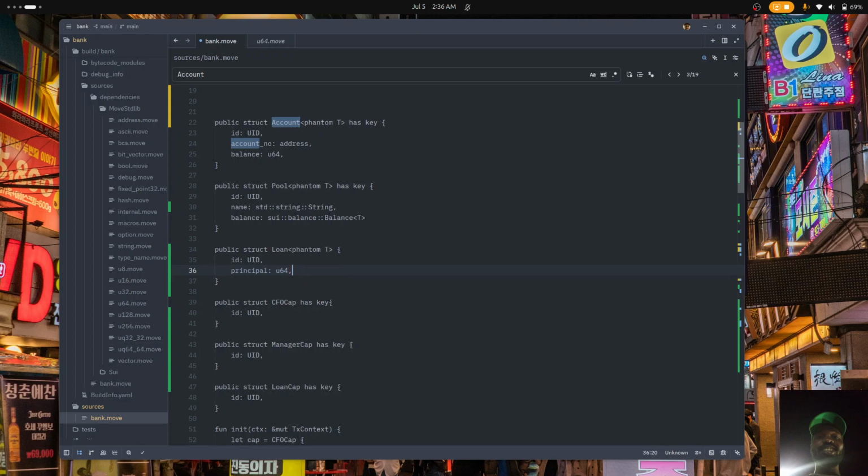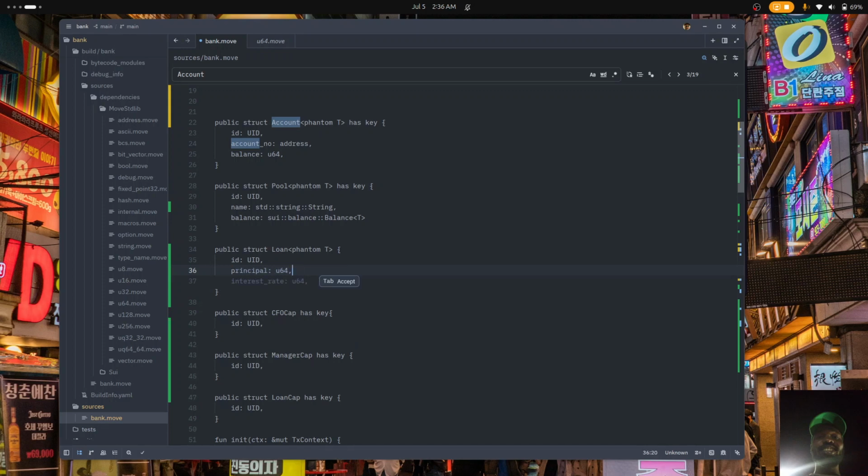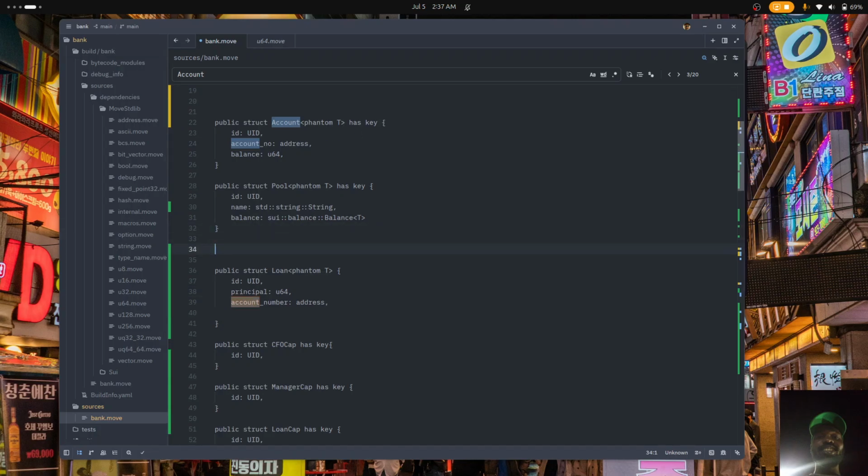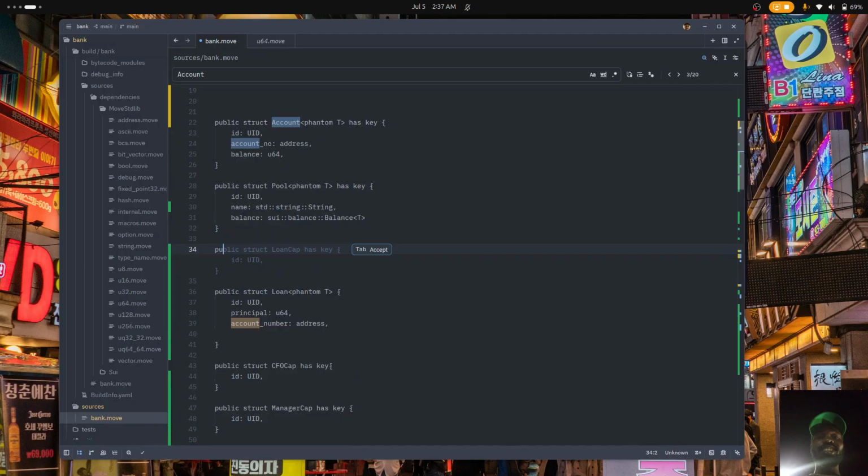There's the amount, address. Then I'll apply for the loan. Now I need to write a state for this loan, so I'm going to do that with an enum.